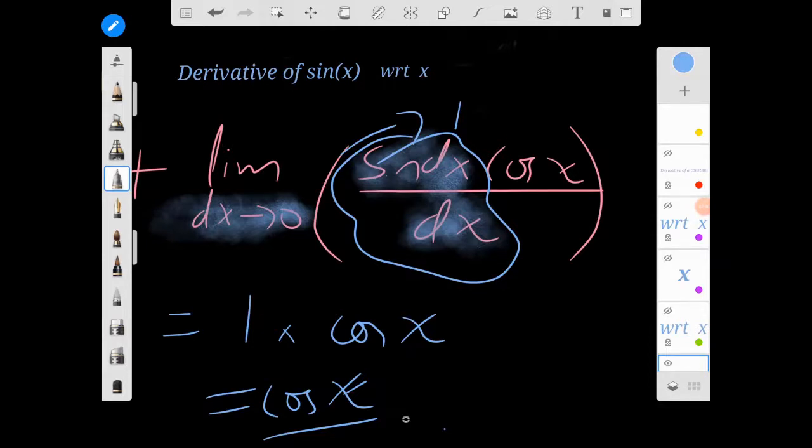It is not a formula. It is an idea of making things go smaller and smaller, and then trying to find the change of the output with respect to that small change in the input. That is what we are trying to do, and that is why I showed you the graph.